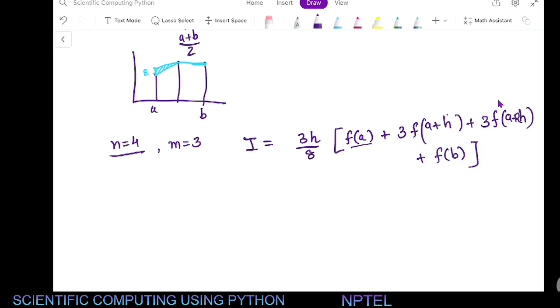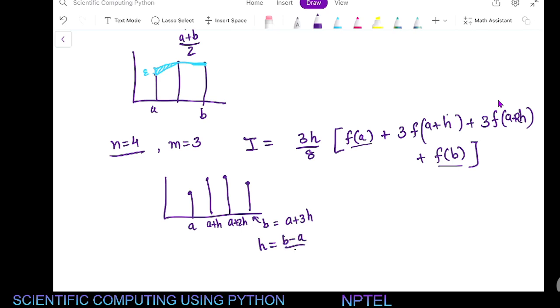So it is symmetric for a and b, and a plus h and a plus 2h. So we have 4 points: a, a plus h, a plus 2h, and b, which is a plus 3h. From that we can calculate what h is. It is just b minus a divided by 3, and in general it is going to be b minus a divided by m, where m is number of intervals.